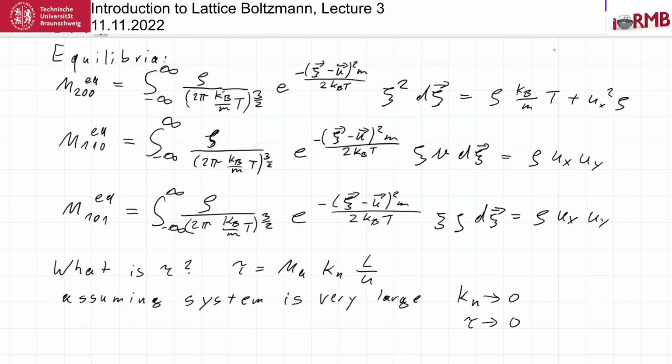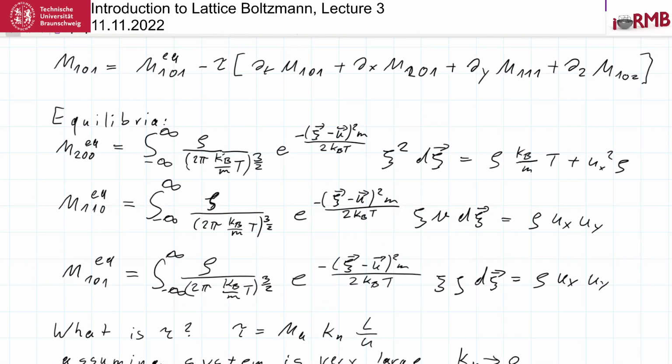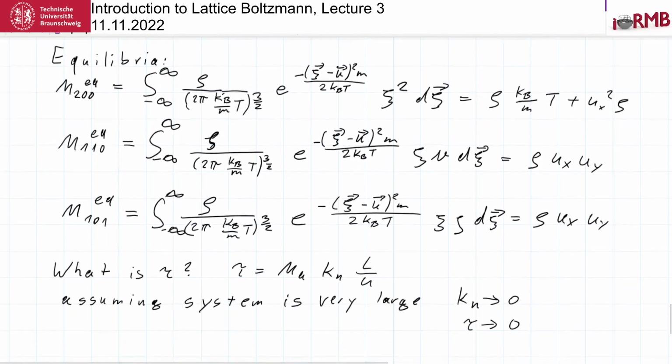So as tau is equal to 0, then in our equation up there, the entire part that comes here would be 0 because we multiply this by 0. And the second order moments, M101, M110, and M200, they would all just be their equilibrium, okay?